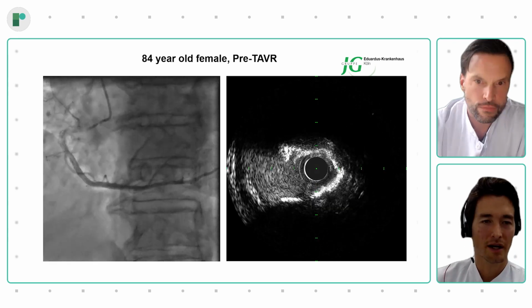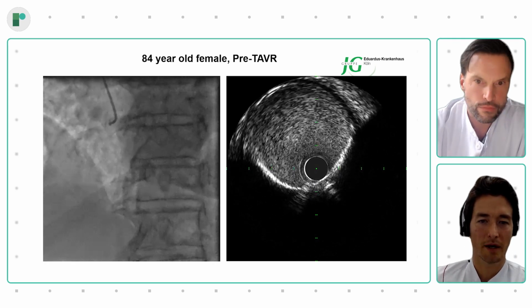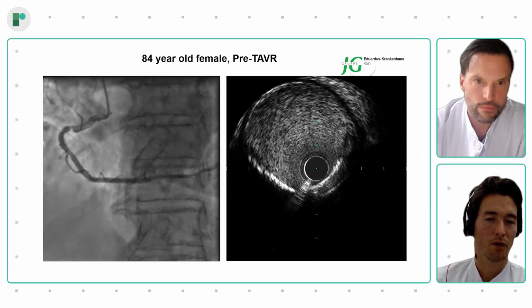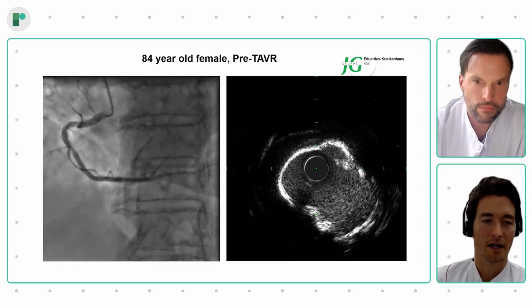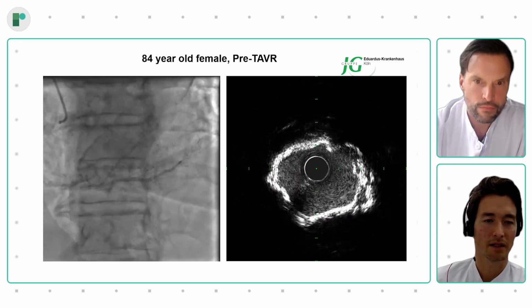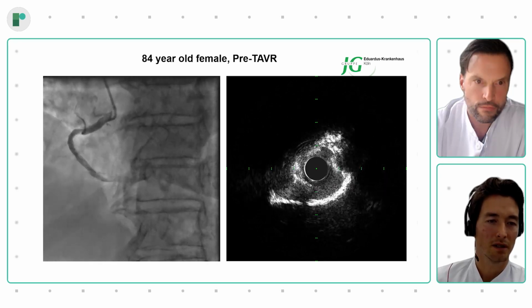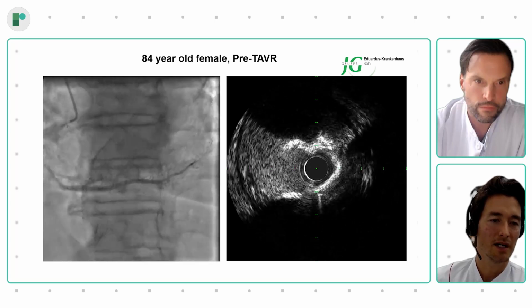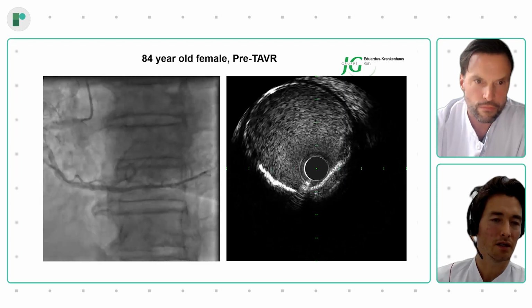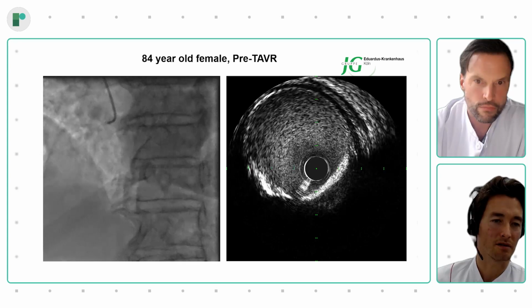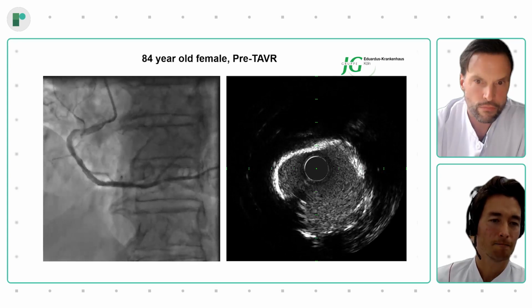So here's another case of an 84-year-old female. We performed coronary angiography pre-TAVR, and on the left-hand side, you can appreciate a significant lesion. It's hazy. There is no real appreciation of a severe stenosis.